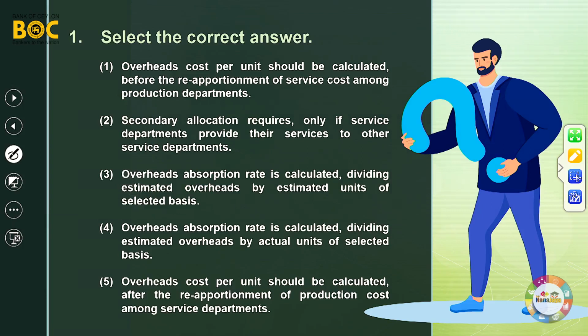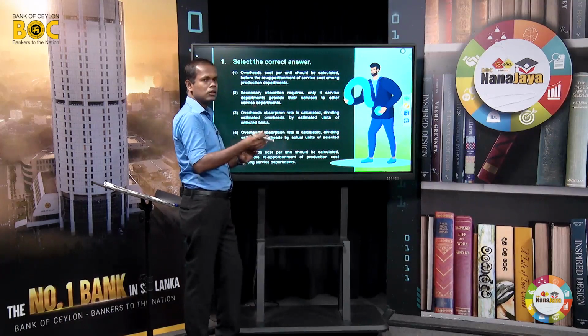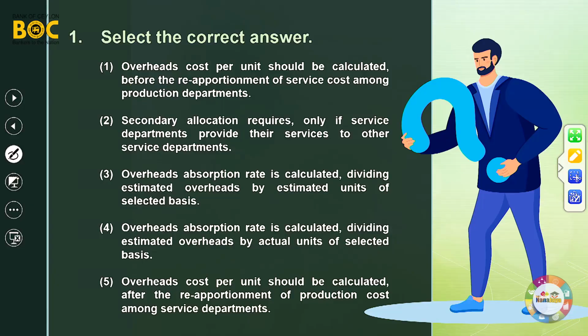No. Before calculating the absorption rate, you have to reallocate service cost among the production departments. So this one is wrong.